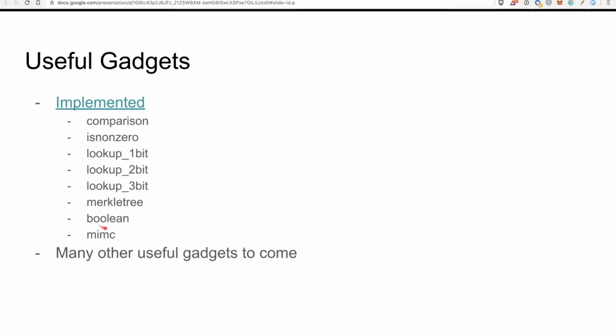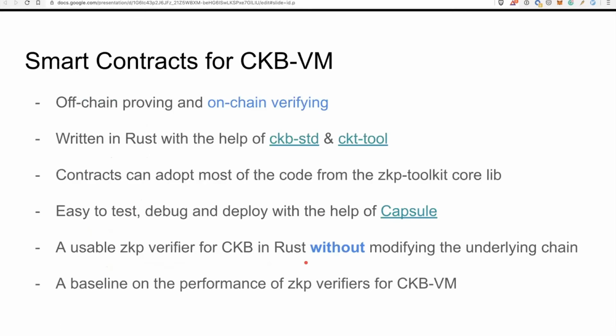We also added a Boolean gadget and MiMC hash, which is a ZKP friendly hash. There would be many other useful gadgets to come in the future.